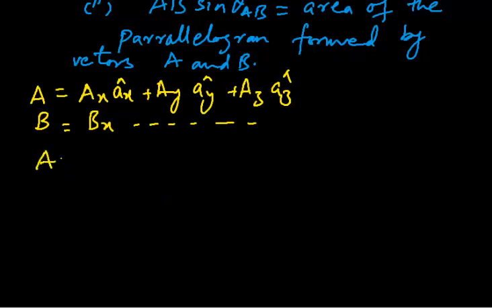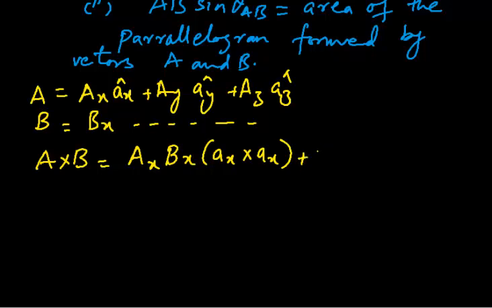When we do the cross product of them, again we are going to have ax and then bx, the unit vectors ax cross ax. Okay, and then we go for ax and then by.